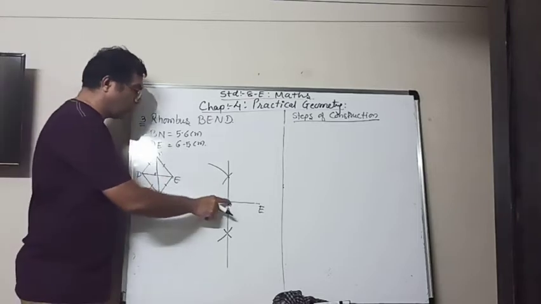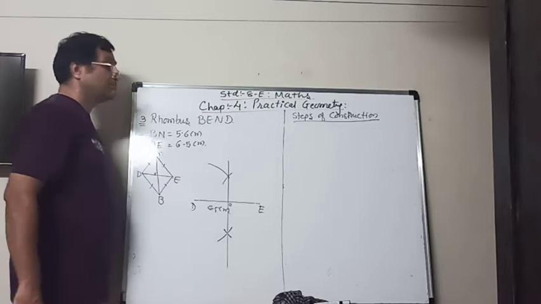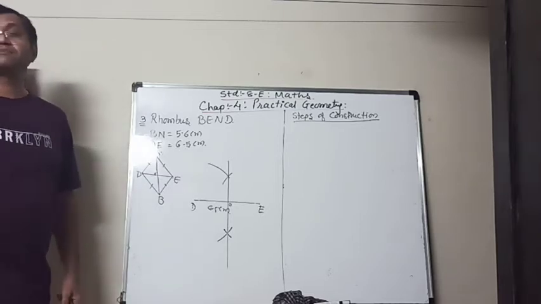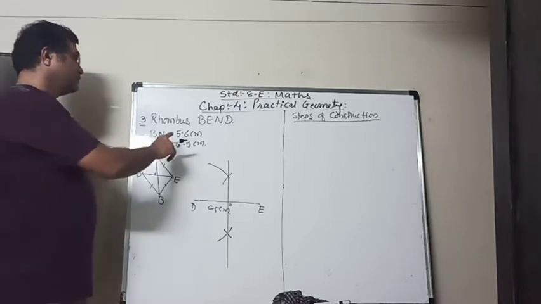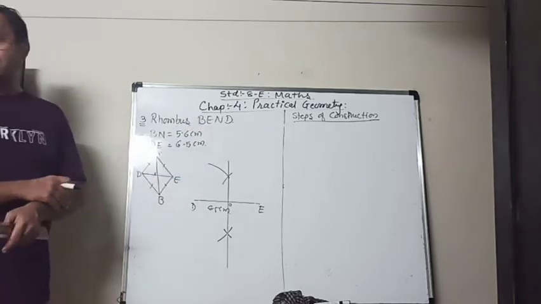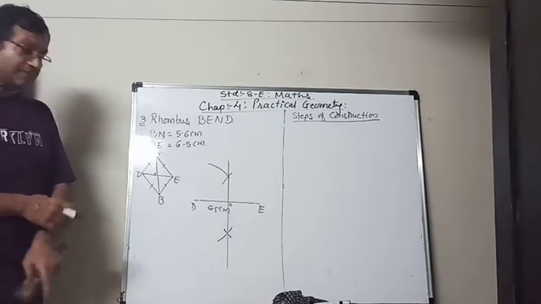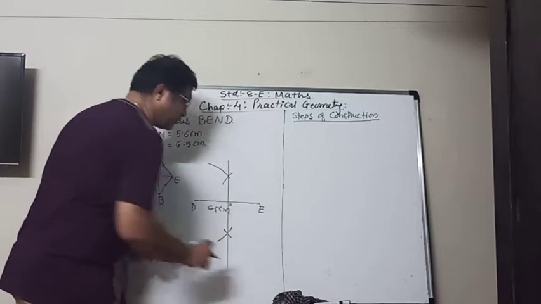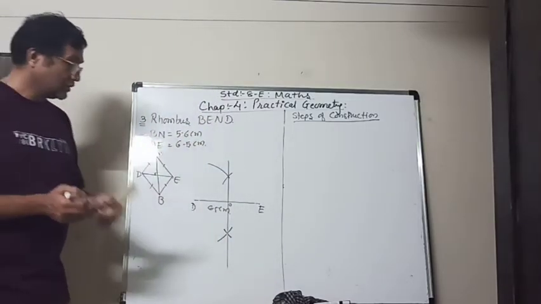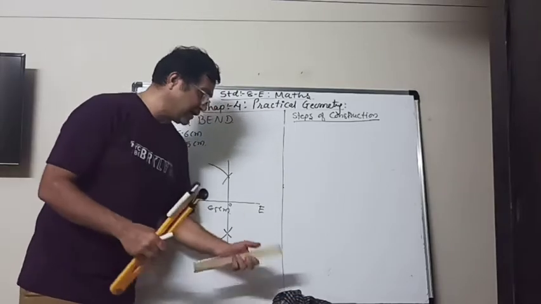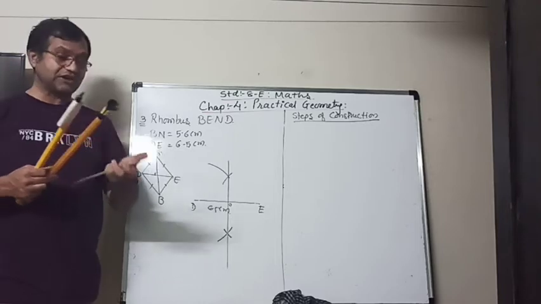Now from the point O, we have to take half of this radius, means 2.8. So for me, it will be 2.8 multiplied by 4, means 11.2, right? So I will take 11.2, but you have to take half of this, means 2.8. So now I have to take the radius of 11.2 centimeter.